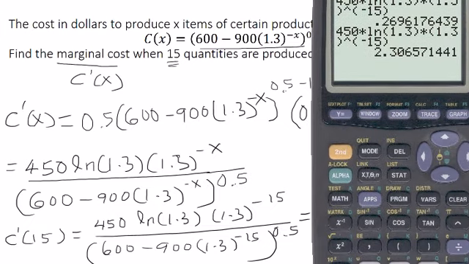Now the denominator. The denominator is a little bit more challenging. We have to put parenthesis open, and then 600 minus 900 times parenthesis open 1.3 to the power negative 15 inside the parentheses, and then another parenthesis for that external power of parenthesis open 0.5, and then parenthesis close.